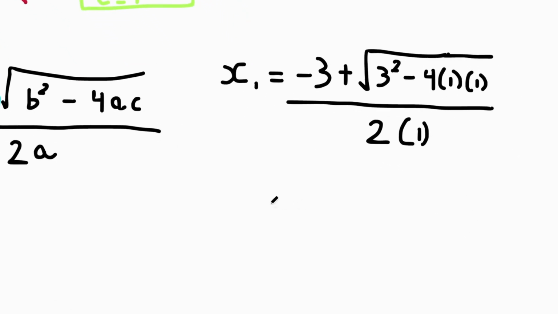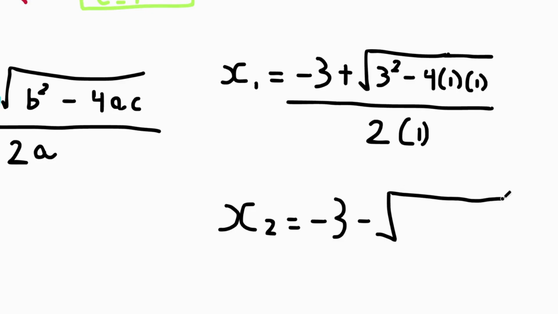Okay, we've done it for x1. And don't think that for x2 it's much more work, basically because every single thing stays the same. Instead, that plus sign turns into a minus, a negative sign. But apart from that, again, we have our square root of 3 squared minus 4 times 1 over 2 times 1.